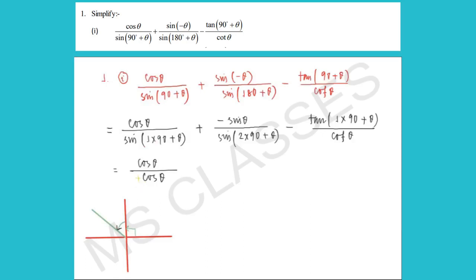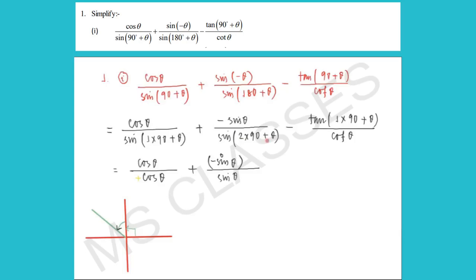Now, after that, it is minus sine theta, or we can write it as sine theta only and put the minus sign here. Next, 2 into 90 plus theta. Even multiple means the sign will remain as sine only. This is an even multiple of 90.